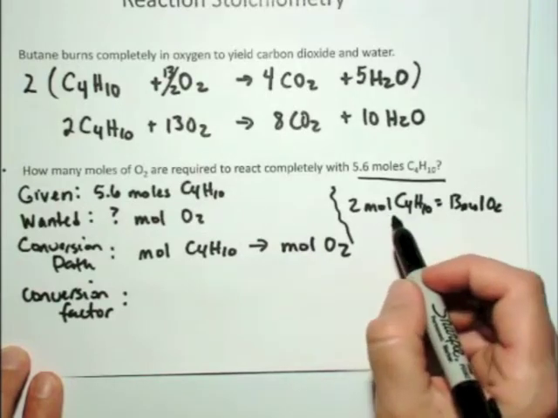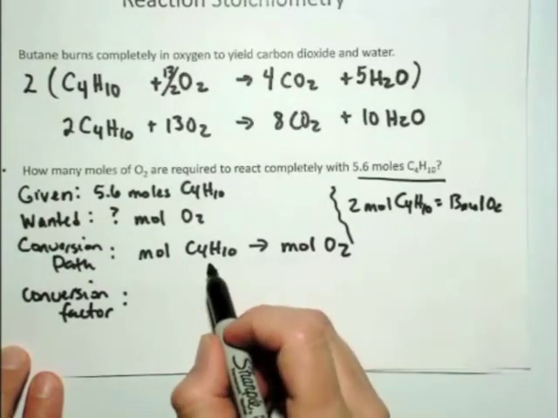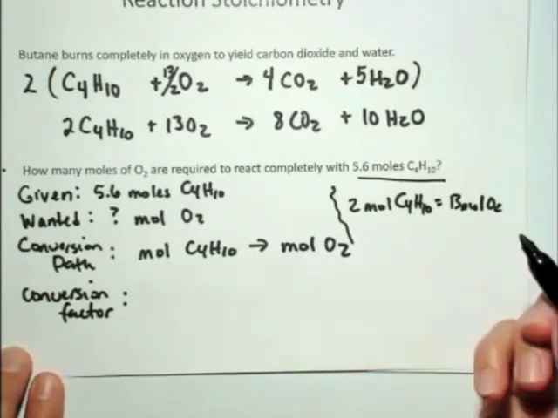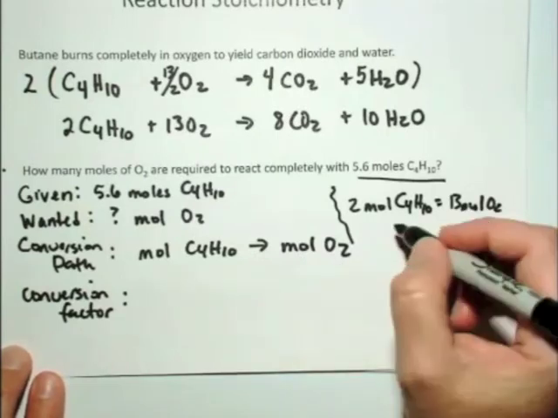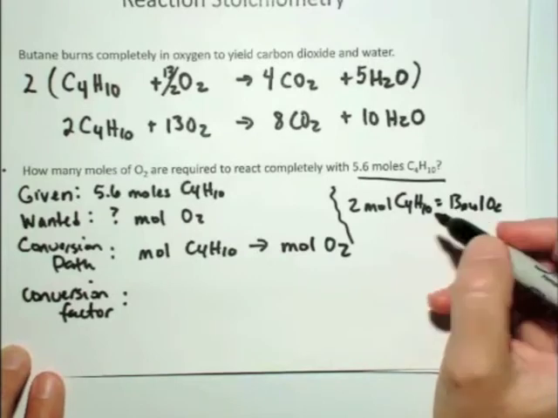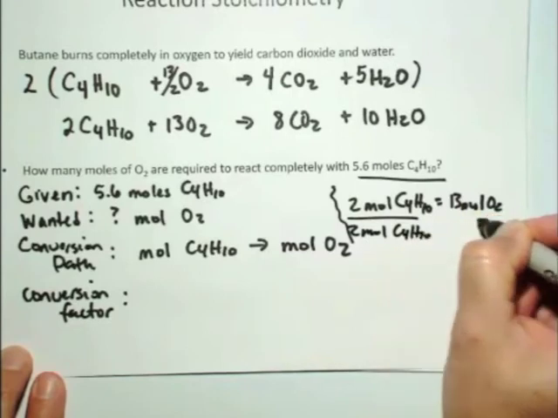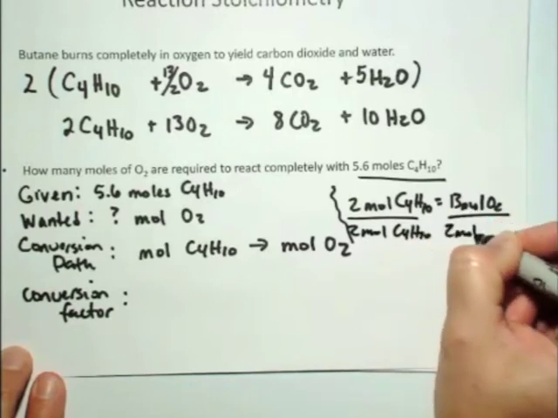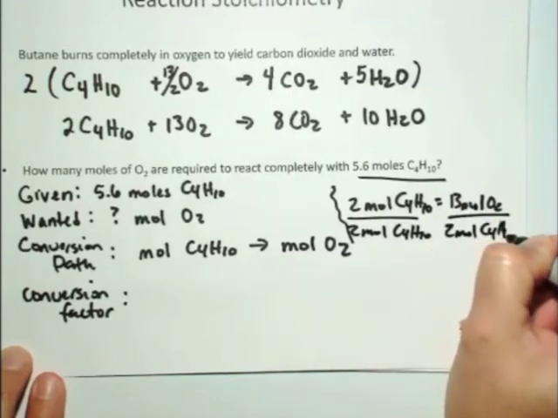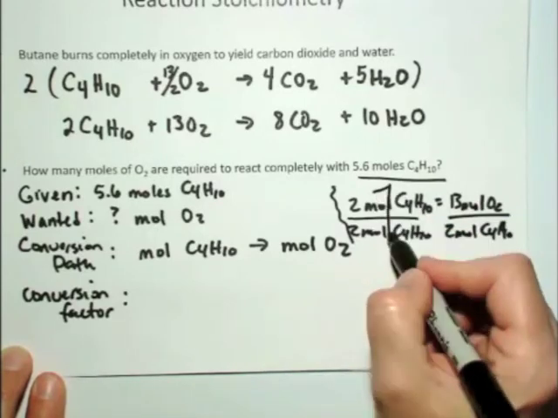So if I want to make that into a conversion factor, and I know I want to convert from butane to oxygen, then I would divide both sides of the equation by 2 moles of butane. 2 moles of butane divided by 2 moles of butane. And I've just created a unit factor. 2 moles of butane divided by 2 moles of butane is the same as 1.